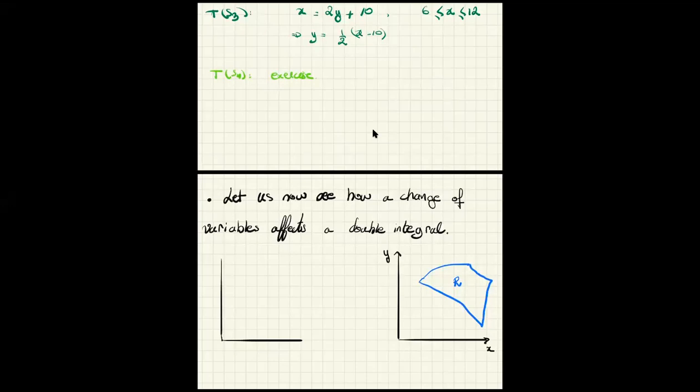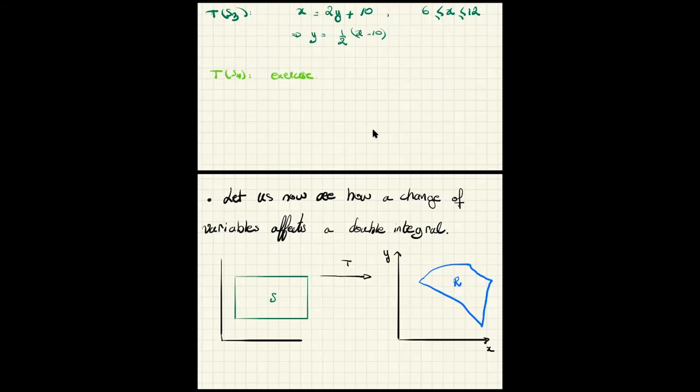And then I have a transformation T, and I have a rectangle. We're going to start with the rectangle S. We'll see why.